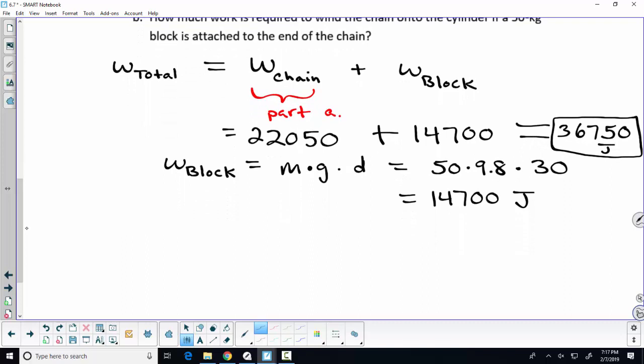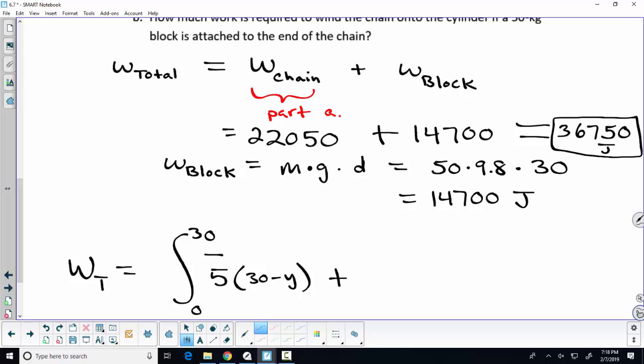The same idea is applied if we want to use an integral. So the total amount of work is the integral from 0 to 30. The work of the chain is that 5 times 30 minus y, plus the block.